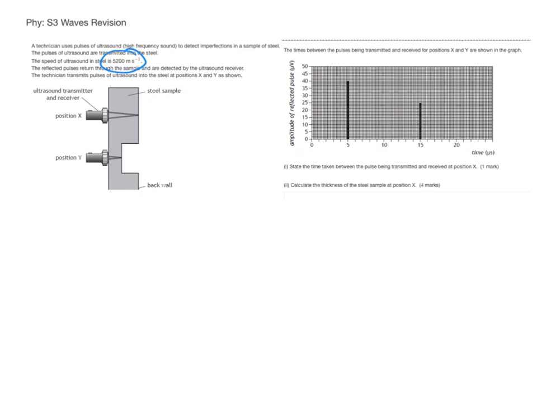And then we've got the actual questions. State the time taken for the pulse to be transmitted and received at position X. Now if we go back to here and look, can you see that the thickness is bigger at X? Which means that pulse is going to take longer, because both of these pulses are travelling at the same speed. They're both in the same material. So that one's got a shorter distance and it's going to complete it in less time.